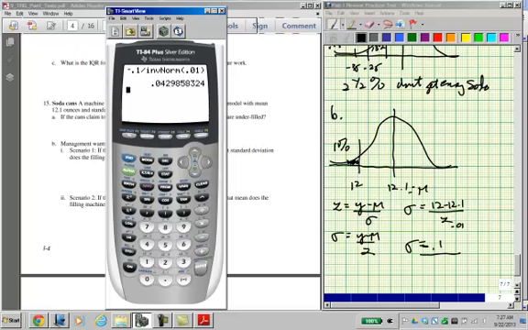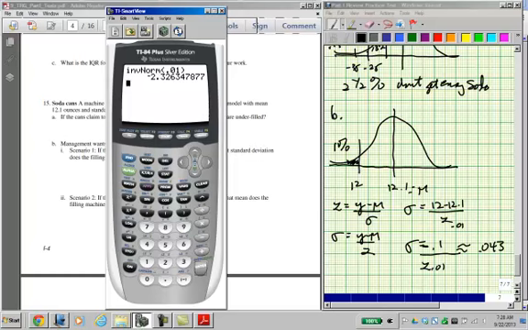So that's approximately equal to 0.043. And let's just see what the inverse norm of 0.01 is. So that's pretty small.